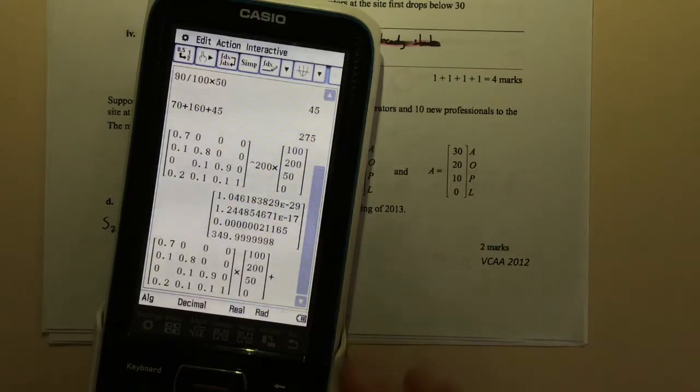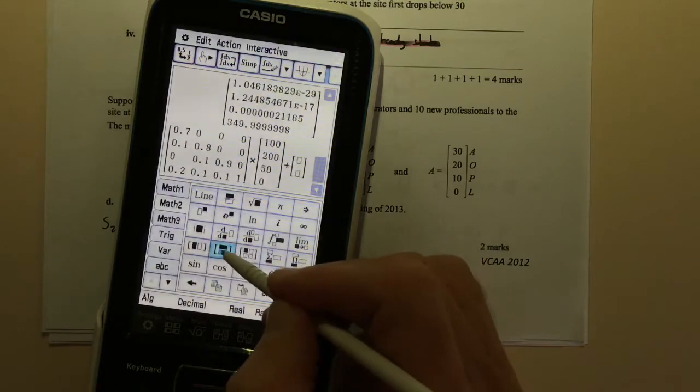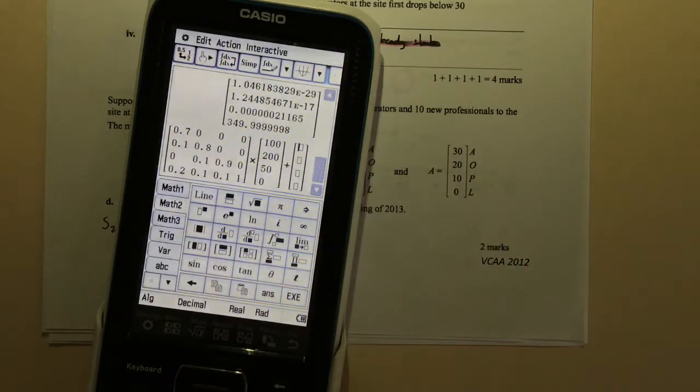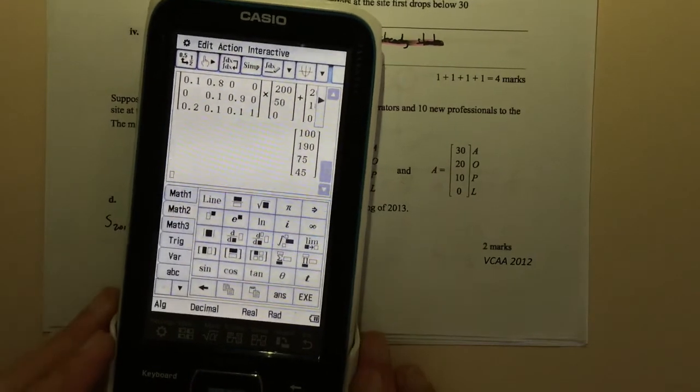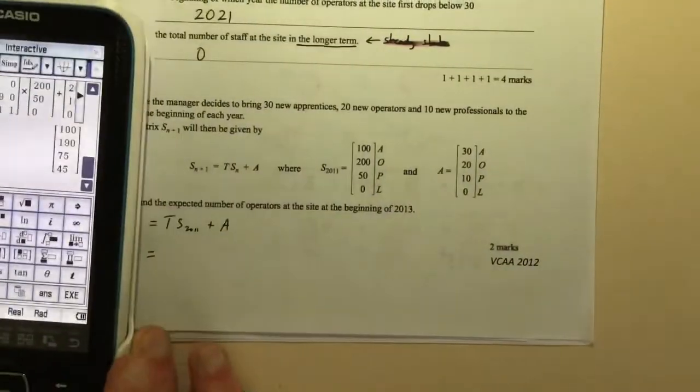But this time we're adding this matrix A at the end, which is 30, 20, 10, and 0. All right, and so after 1 year, for S2012, those are my values.